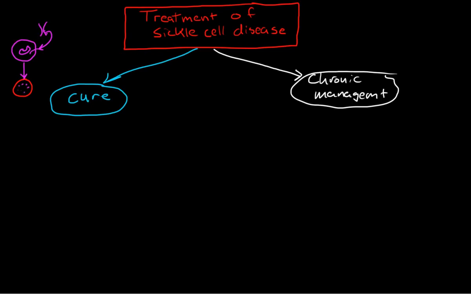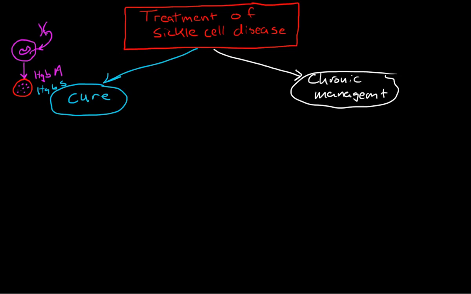Patients with sickle cell disease don't have the normal hemoglobin A, they have a different version called hemoglobin S. And hemoglobin S is caused by this genetic mutation in the 11th chromosome.